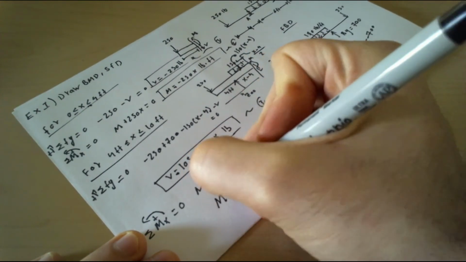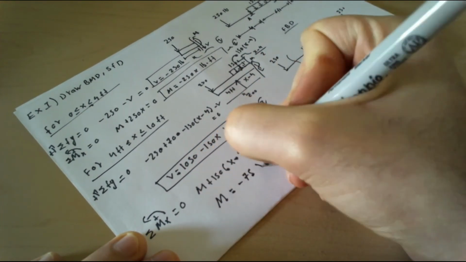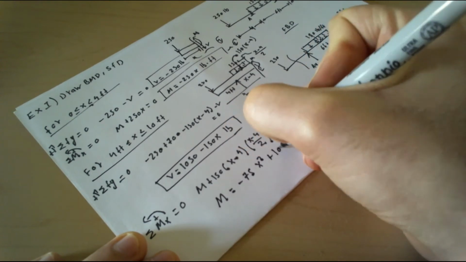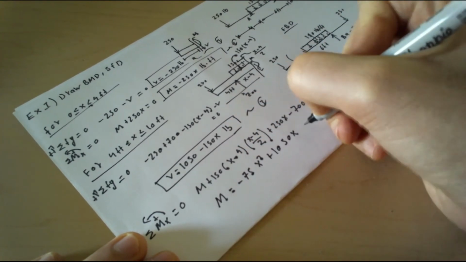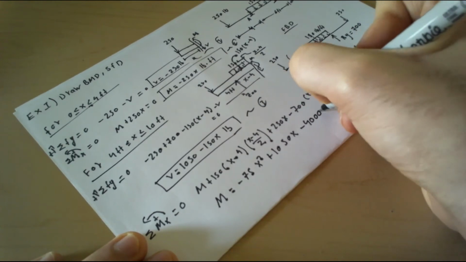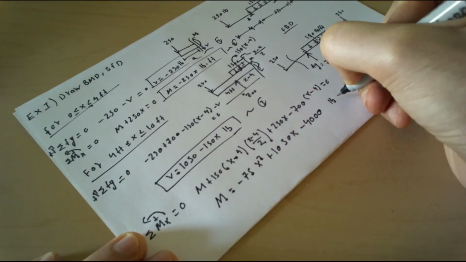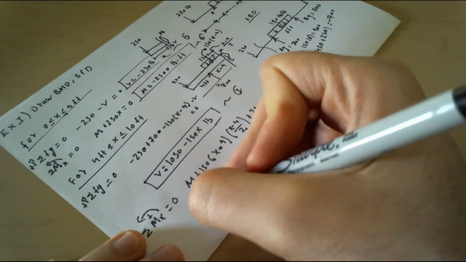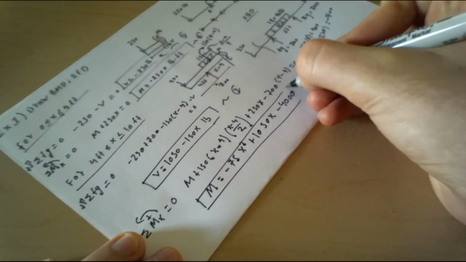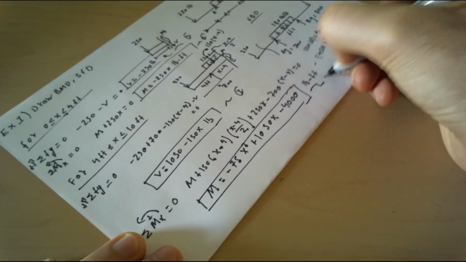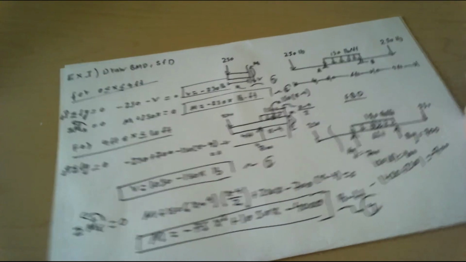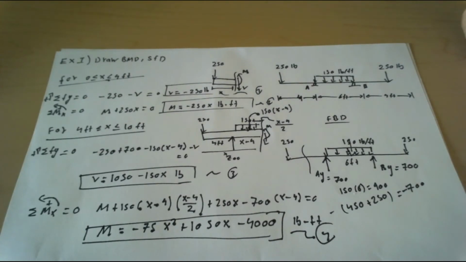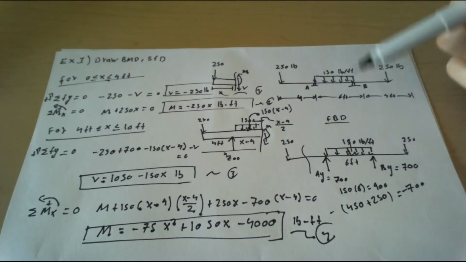So M is negative 75x squared plus 1050x minus 4000, and the unit is pound feet. So again, this is another equation we have, equation 4. Remember, you can always pause if you want to look at it clearly when I stop right here.